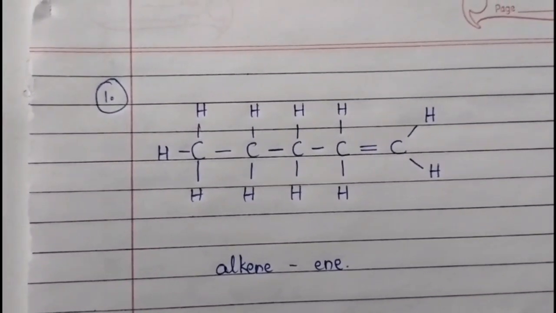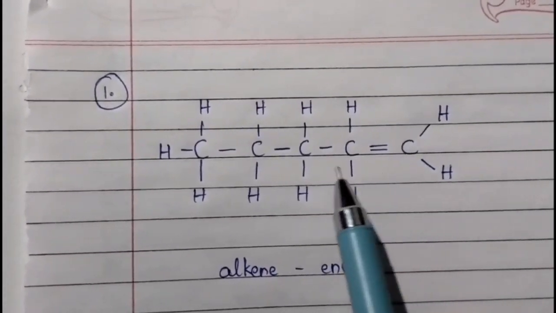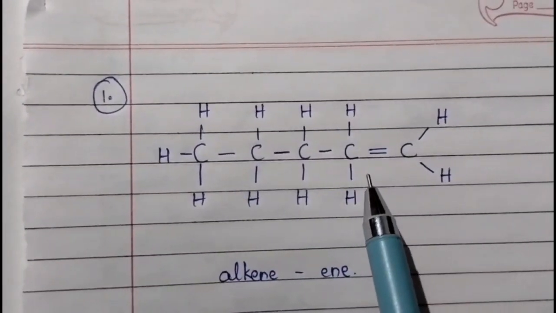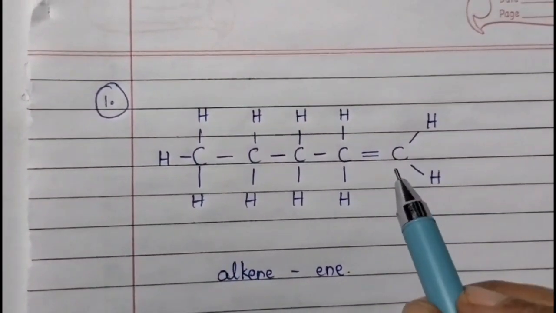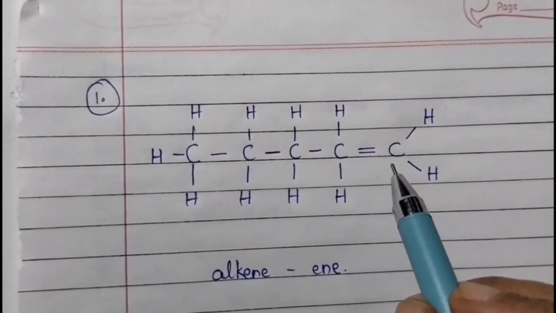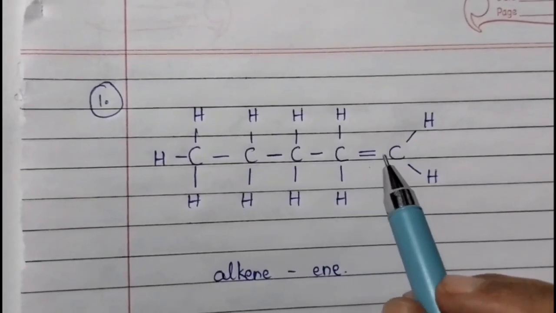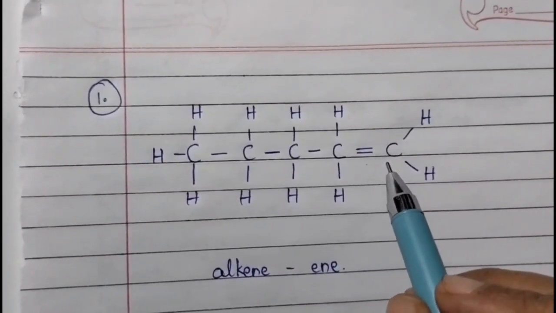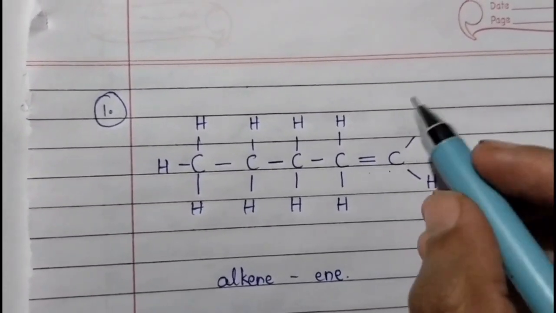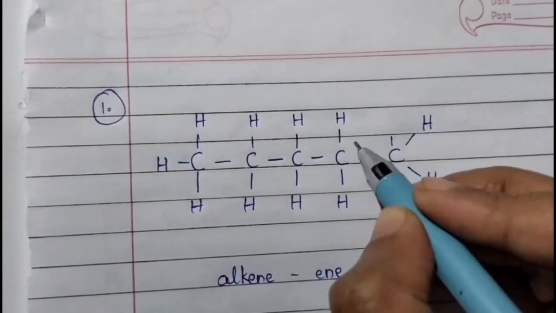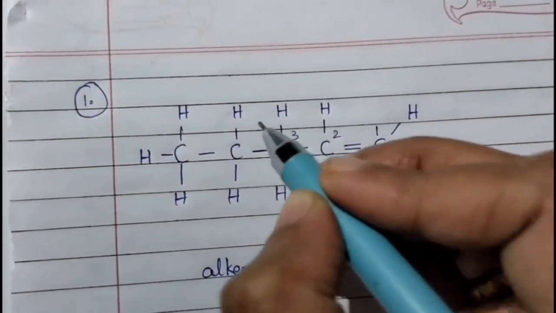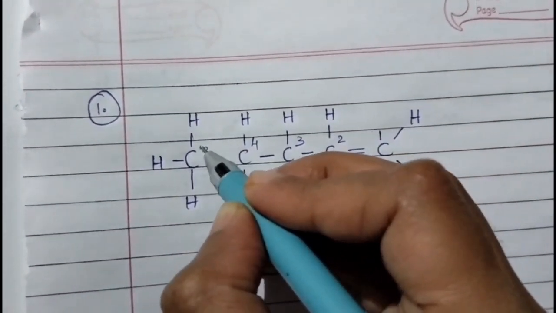Now the second step is to count the number of carbon atoms present in the hydrocarbon chain. So you need to start counting from the right hand side, because when you have a double bond or a triple bond involved, the carbon related to that bond should get the lowest number. So we start numbering from here: 1, 2, 3, 4 and 5.